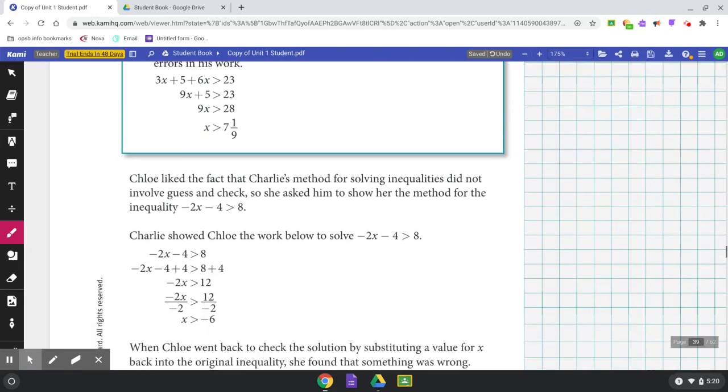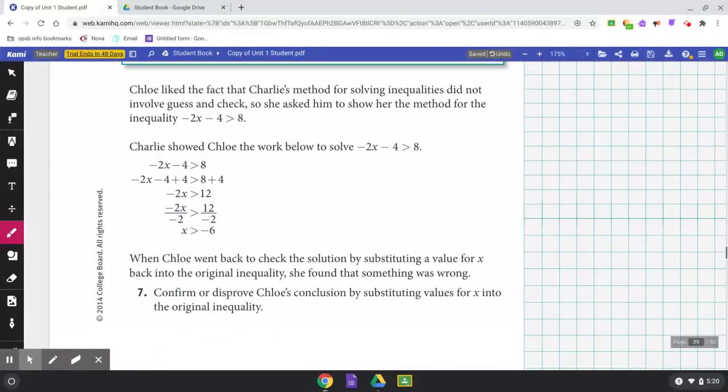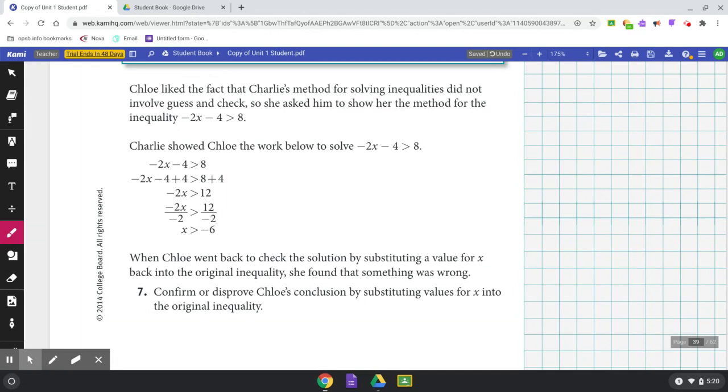Chloe liked the fact that Charlie's method for solving inequalities did not involve guess and check. So she asked him to show her the method for the inequality negative 2x minus 4 is greater than 8. Chloe realized that, instead of wasting her time guessing and checking all of these values, his method gives you the answer immediately.